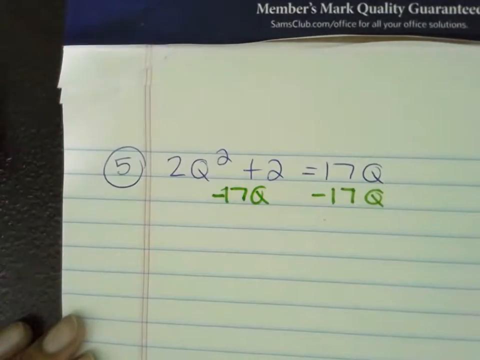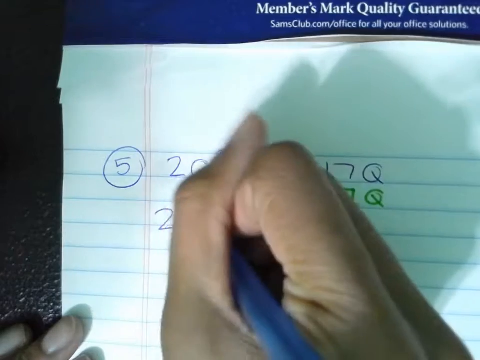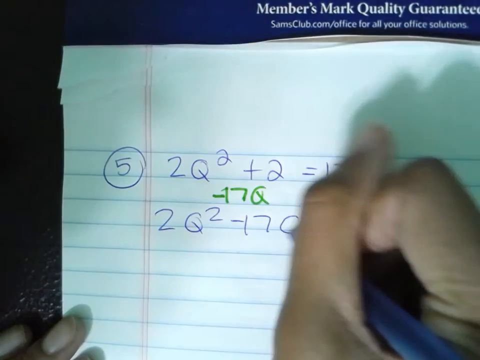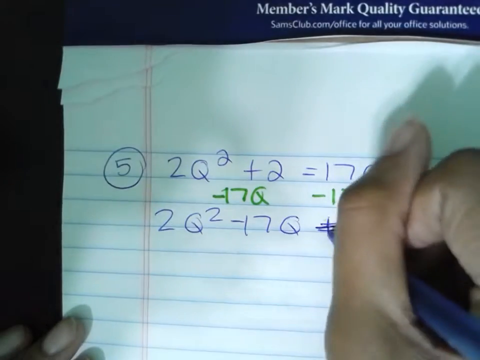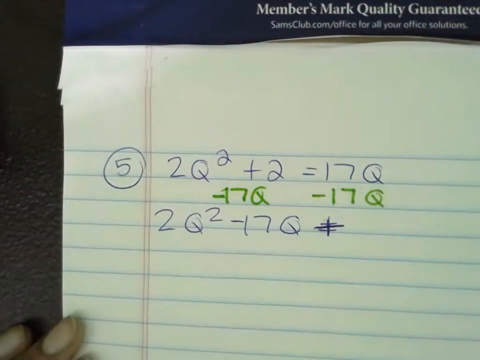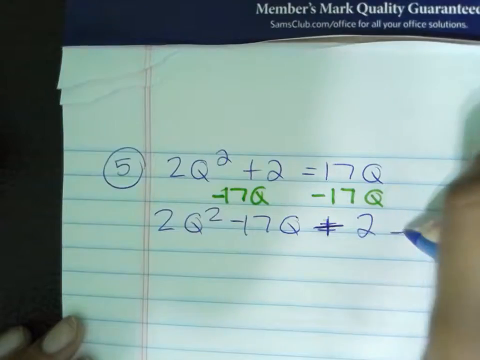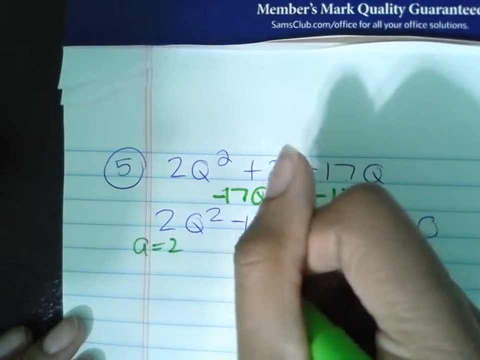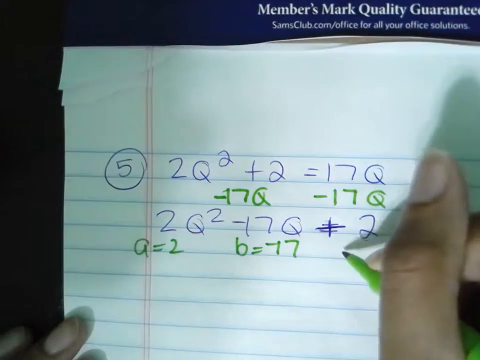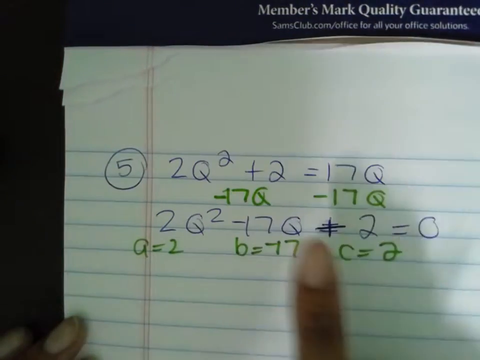That's why I'm putting it like that. So I have instead 2q squared minus 17q plus 2 equals 0. A equals 2, B equals negative 17, C equals positive 2.